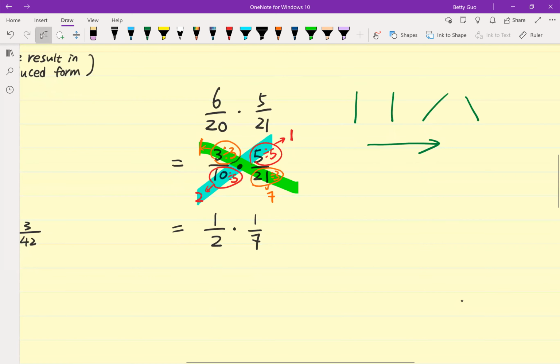Make sure you know which number is not there anymore. It becomes a new number. And then multiply cross. Multiply the two numerators together. So the numerator of the multiplication would be the multiplication of the numerators, 1 times 1, which is 1. And then multiply denominator by denominator, 2 times 7 is 14. So the answer is 1 over 14.